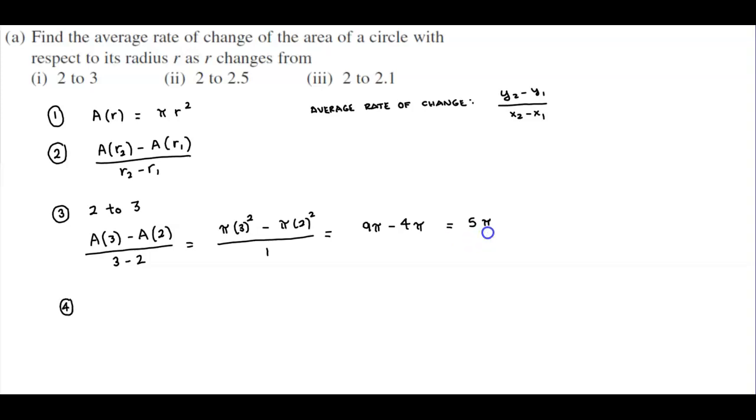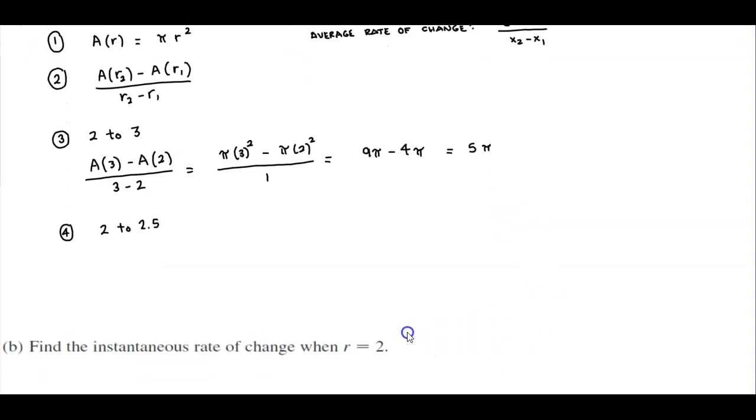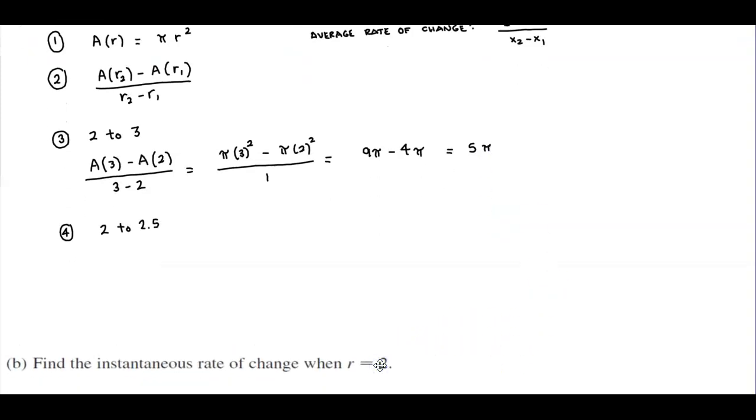Okay, now we're going to go from 2 to 2.5. Again, we want to find the average rate of change. So it's A of 2.5 minus A of 2 divided by 2.5 minus 2.